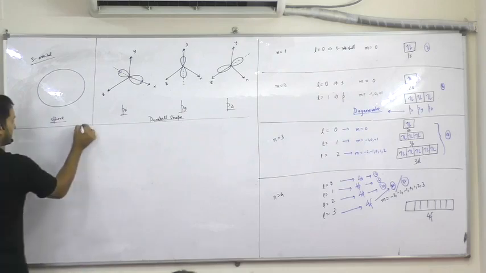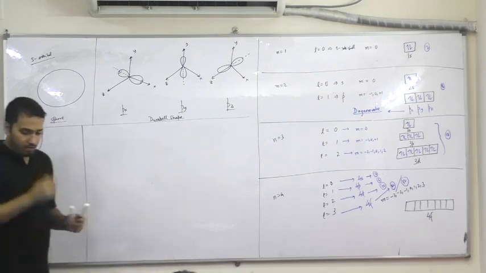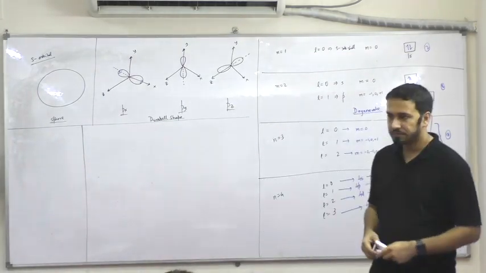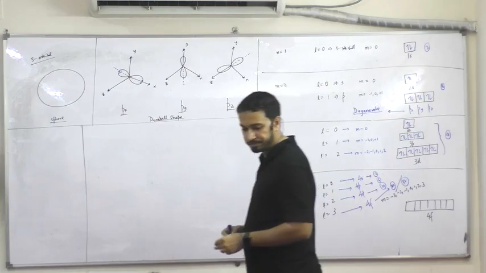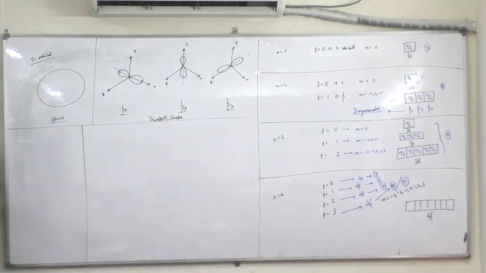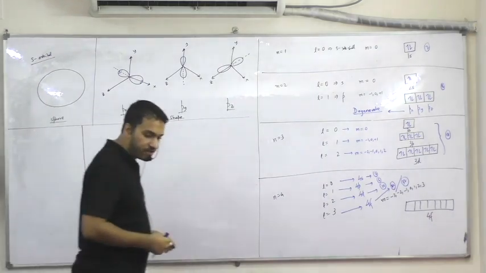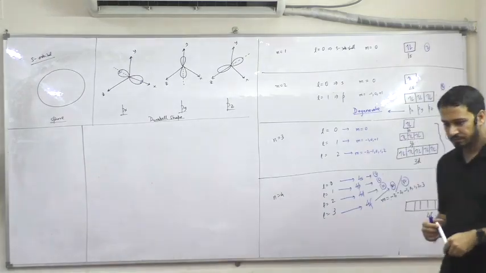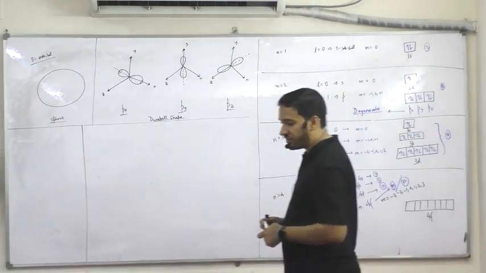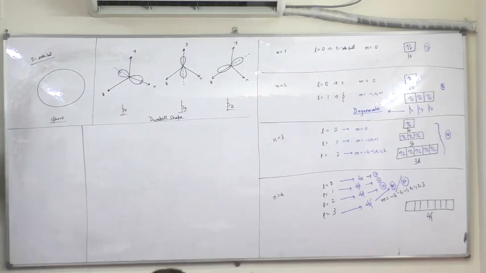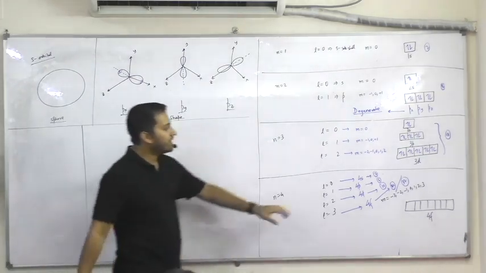Degenerate means having same energy. इसको लिख लो, orbitals which have the same energy are called degenerate. Is it okay?